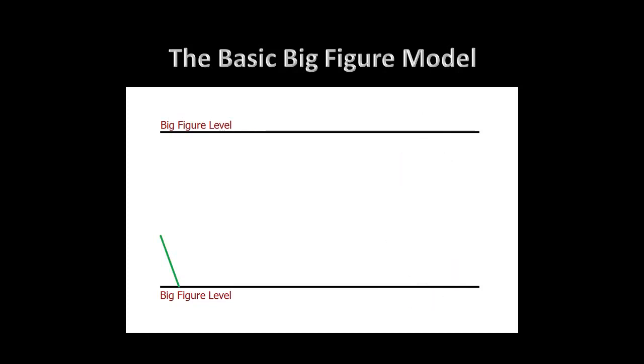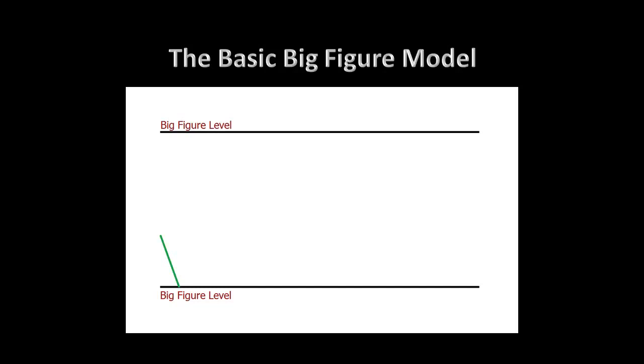But when you're trading the figures, this range from low to high could be anywhere from several hundred to several thousand pips. It's all based on the time frame you're trading, but we're just going to refer to a 100 pip basis here.